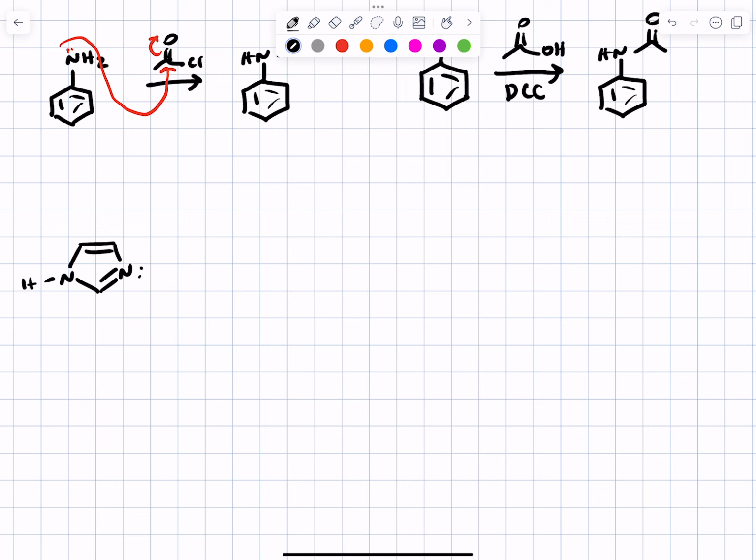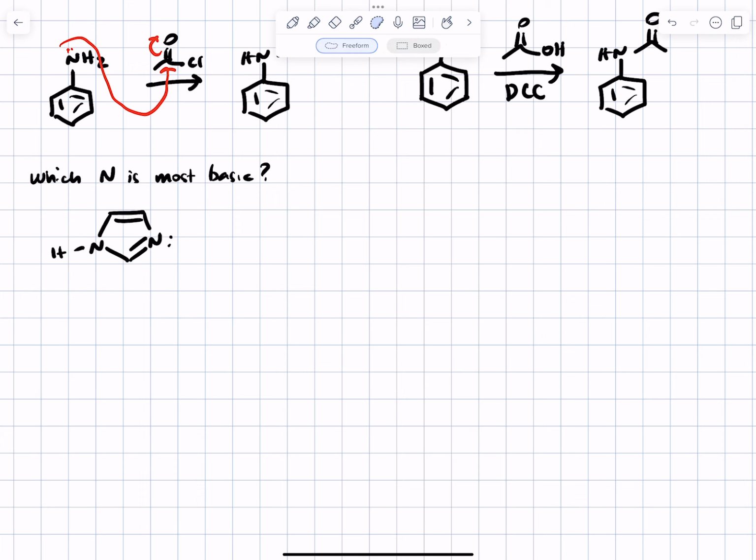So this molecule, imidazole, has two nitrogens, and the problem was which nitrogen is most basic. And you can answer this problem in a couple of ways. You can consider the relative energies of the two lone pairs.